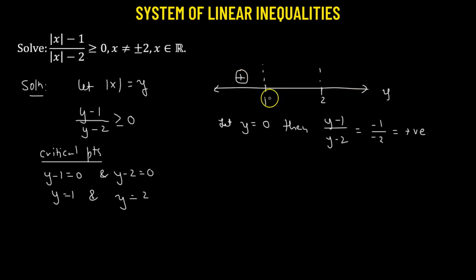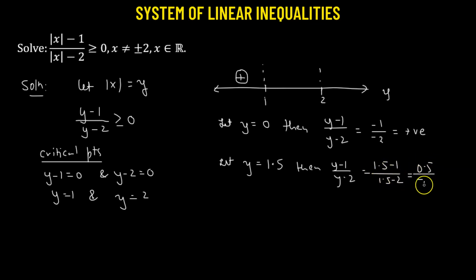Now we'll take a value lying between 1 and 2. So let's say we take y equals 1.5. Then we'll have y minus 1 divided by y minus 2. So this will become 1.5 minus 1 divided by 1.5 minus 2, which gives us 0.5 divided by negative 0.5, and we'll get a negative number.